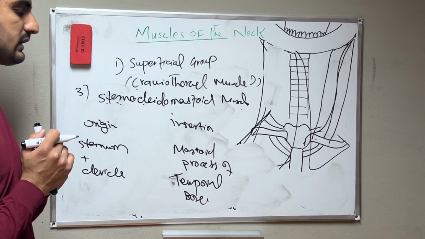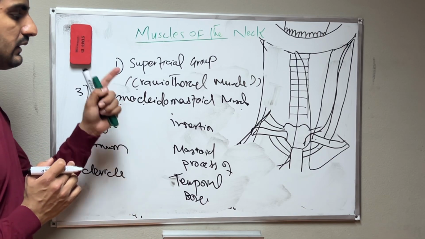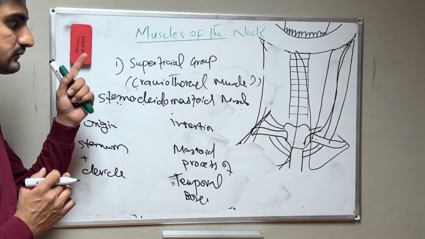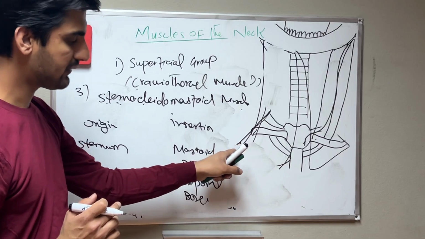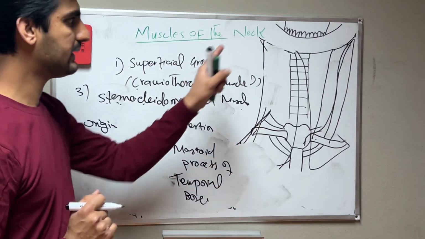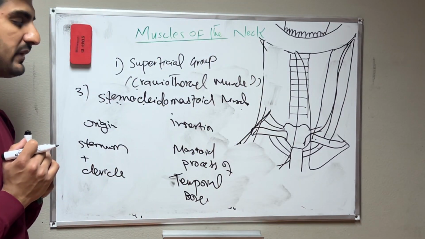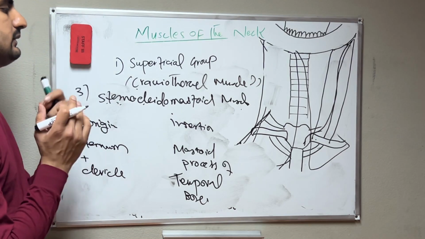These three muscles we discussed are the superficial group of muscles of the neck. The first muscle we discussed, the platysma, originates from the pectoral and deltoid fascia and inserts into the base of the mandible, lower lip and lower mouth.